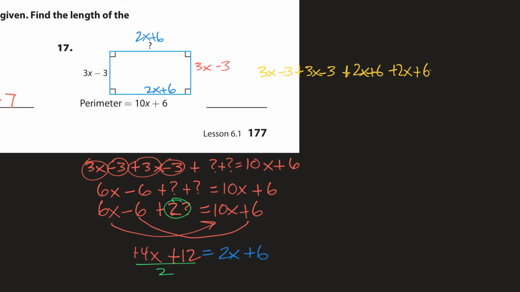See, 3 plus 3 is 6, 7, 8, 9, 10. There's the 10x. And then negative 3 minus 3 is negative 6, plus 6 is 0, plus another 6 is 6. And there's that right there. So, yep, I'm right. The length of those two sides is 2x plus 6. So the final answer for this is 2x plus 6. That's the length of each of those sides.